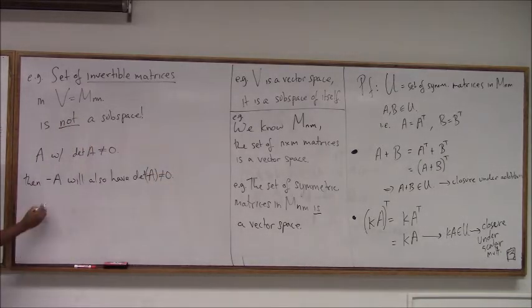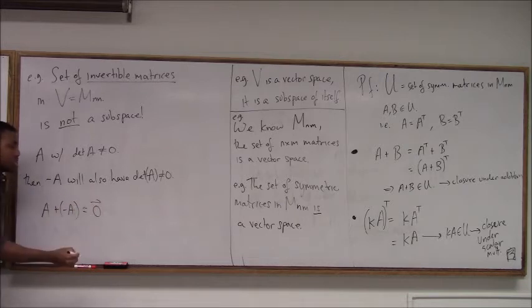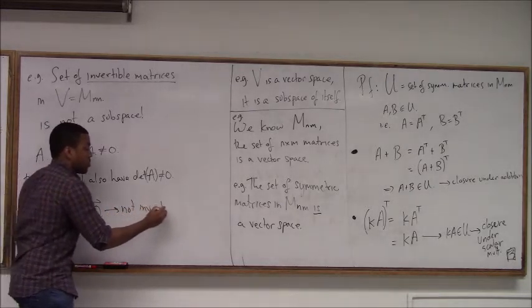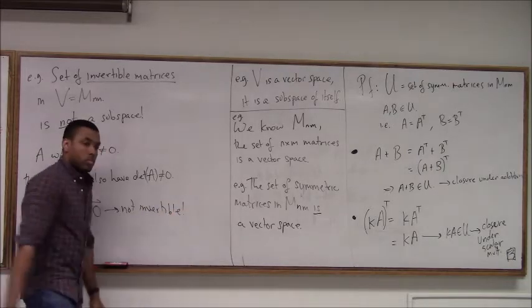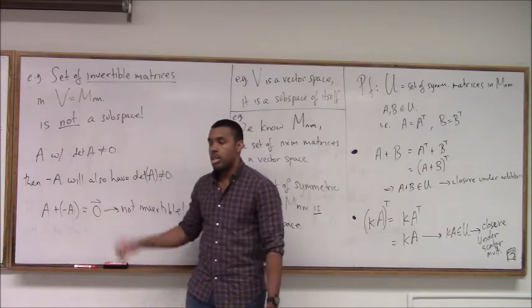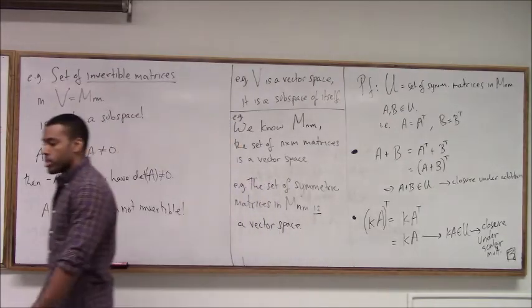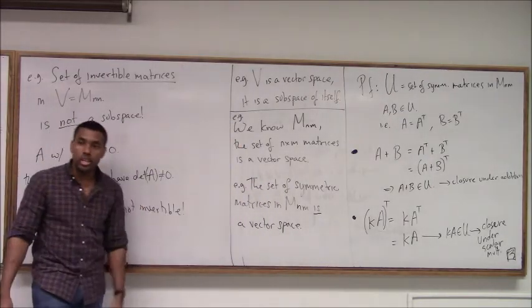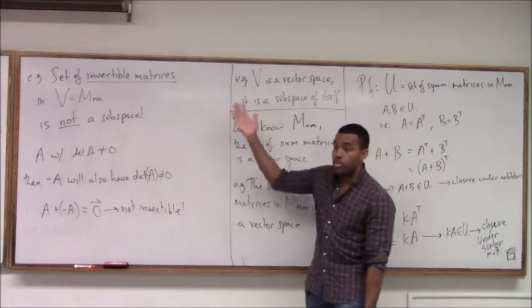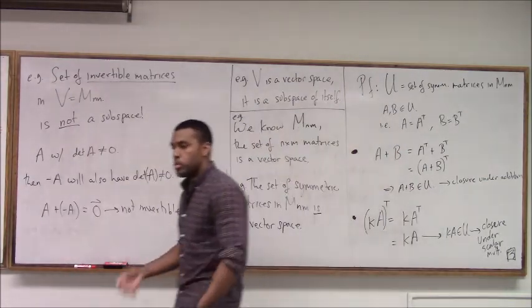But then if I add A to negative A, I would get the zero vector, which is not invertible. So I add two invertible matrices and the result is not an invertible matrix. So it's not closed under addition, and this does not form a subspace. I cannot treat the set of invertible matrices as a vector space in its own right.